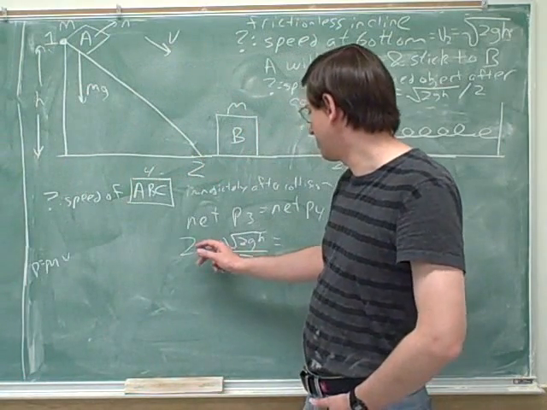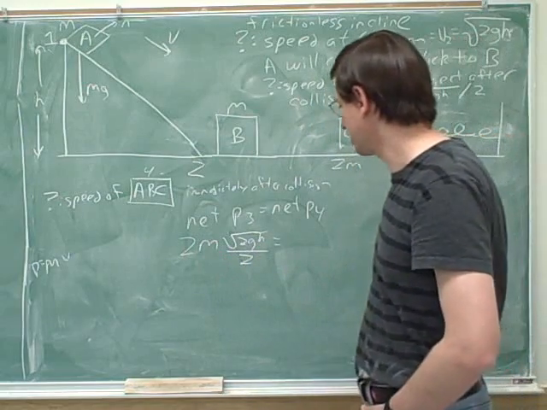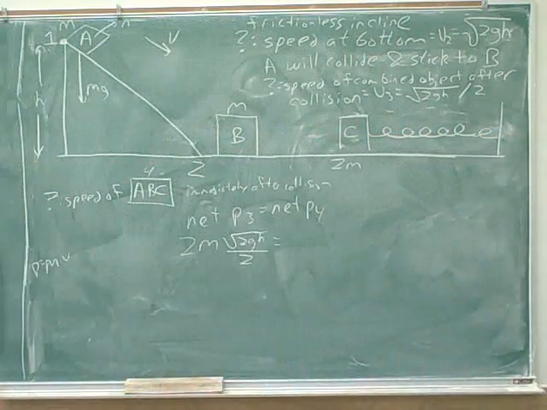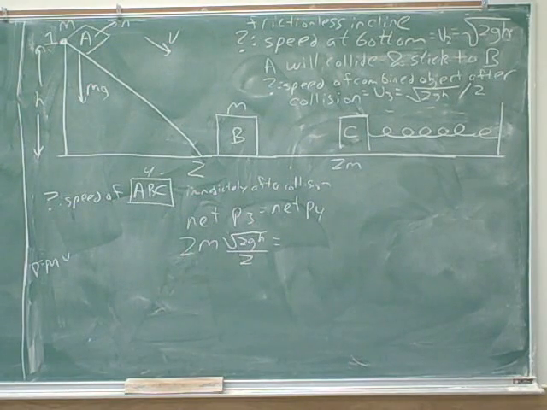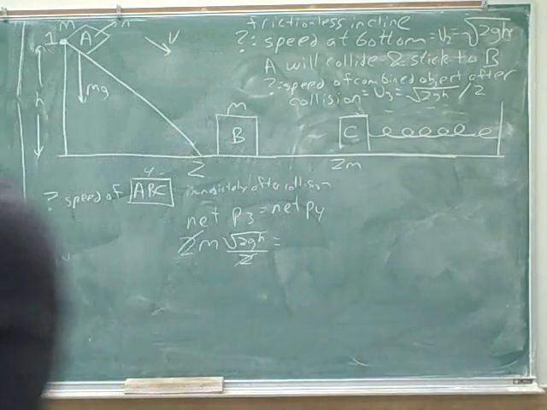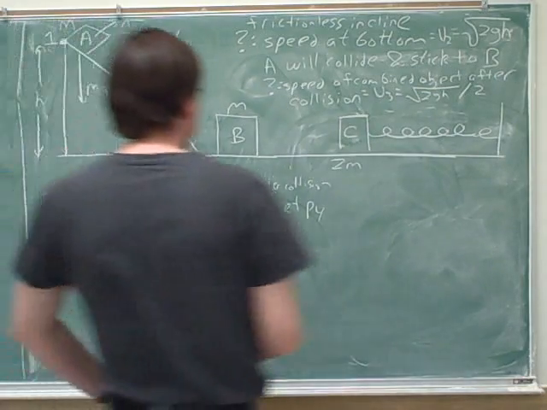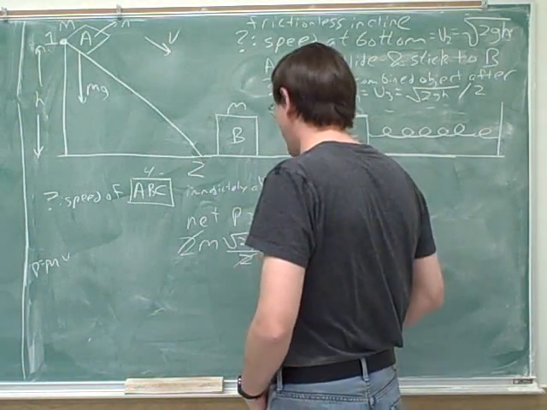So here's the mass of the combined object of A and B, and we already figured out what their speed was going to be here. Would these twos cancel out each other, or should I just leave it like that? You're right, they would. You can cancel these twos. So then the mass of all three objects would be 2m plus 2m, so 4m. That's right. So together, after the collision now, we're going to have a mass of 4m.